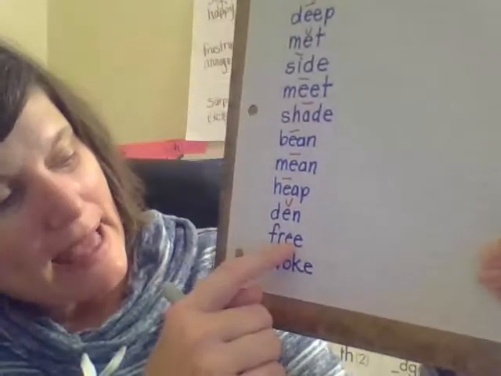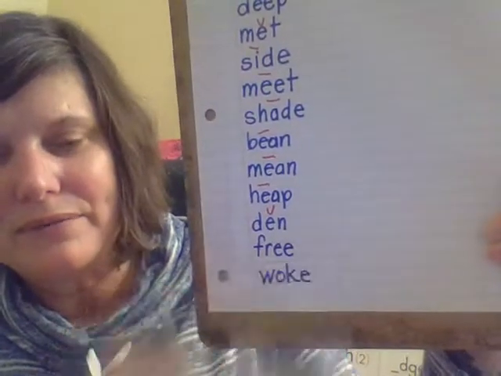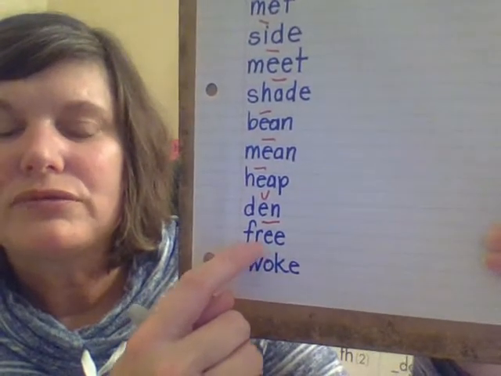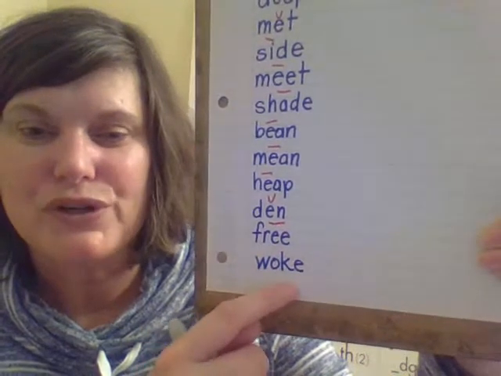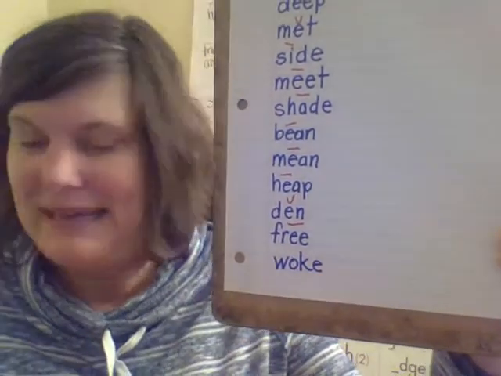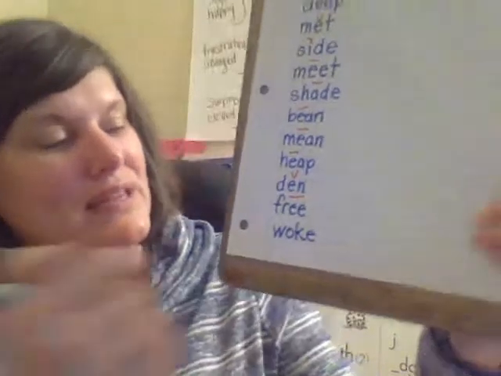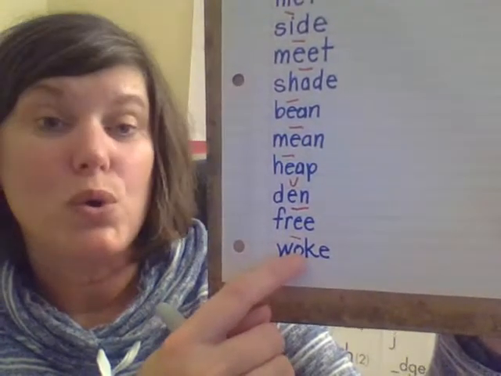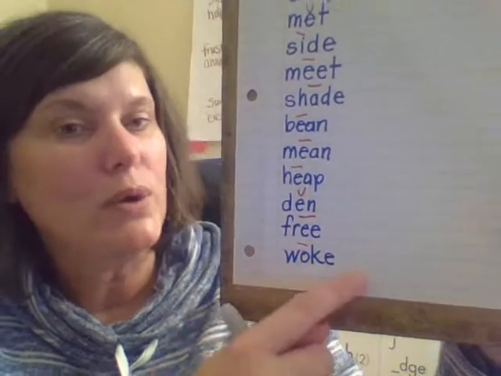Okay, we have EE, vowel pair, long E. Free, free. And then last word, I see a silent E because there's an E at the end of the word. So the E is silent. It makes a long vowel sound. So the O is going to be a long O. Woke, woke. I woke up early today.